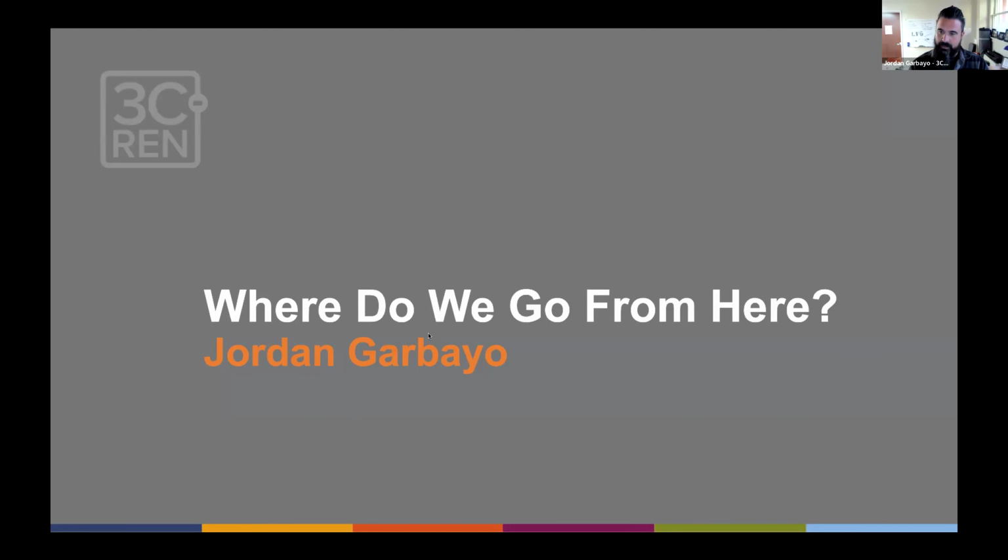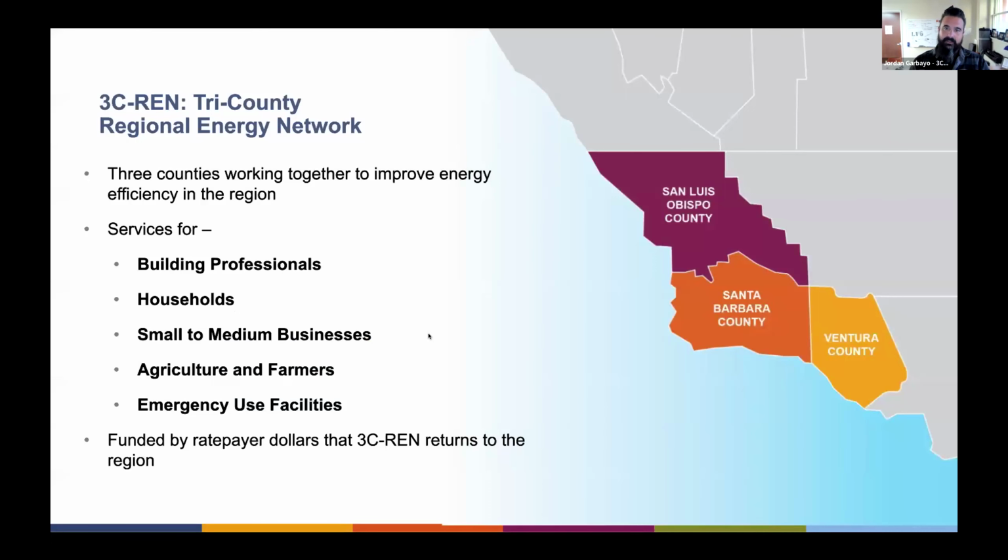So if you can go to the next slide there, Mindy. I'm just going to talk briefly about what Tri-County Regional Energy Network is. We are a joint collaborative between three counties, San Luis Obispo, Santa Barbara, and Ventura, to bring energy efficiency programming from ratepayer dollars.